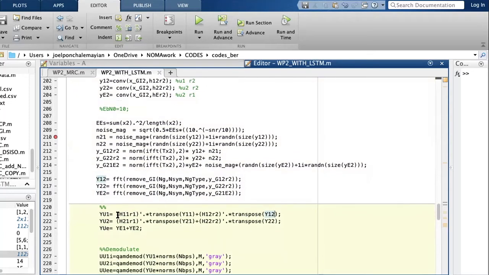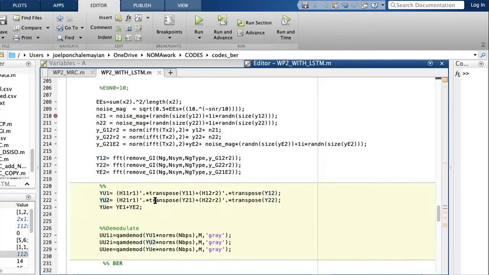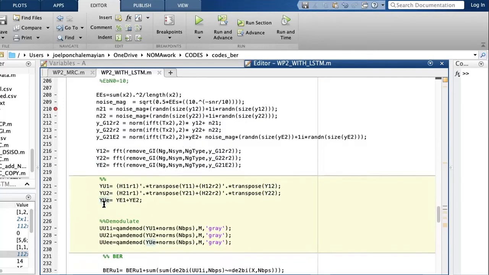And then for terminal user 2, how do you get your total received signal? You simply sum what you had in the first transmission round plus the second transmission round. And for Eve as well, you do the same thing.